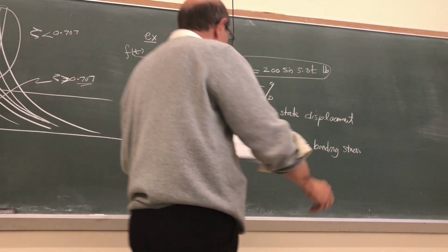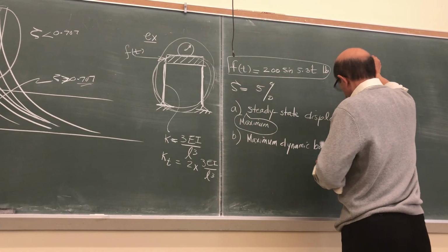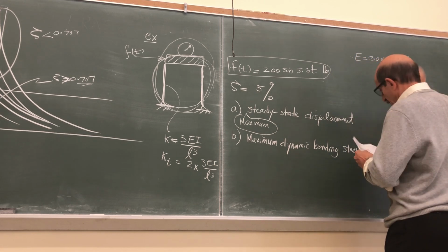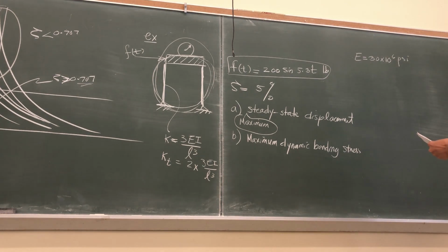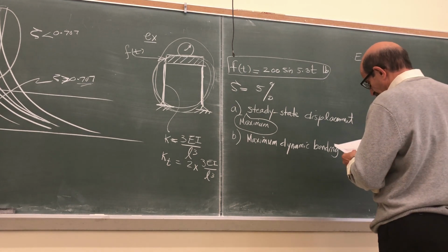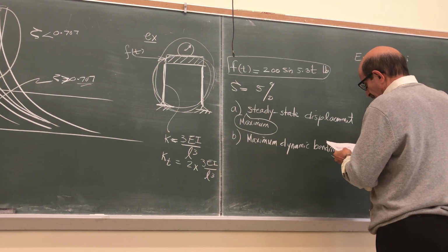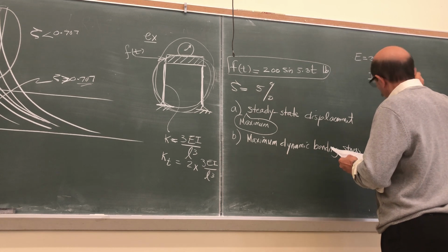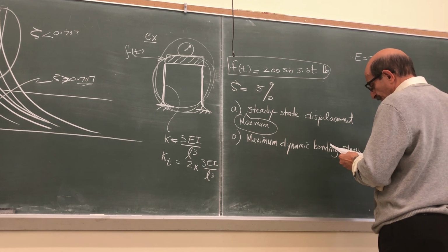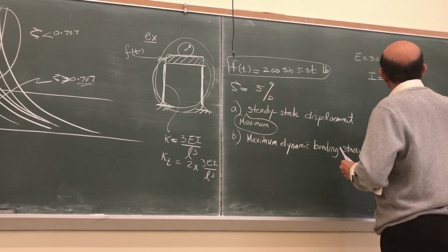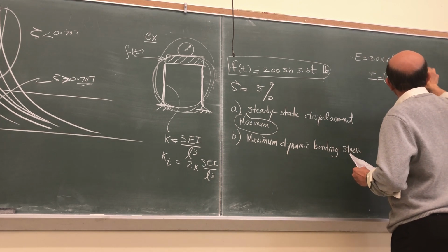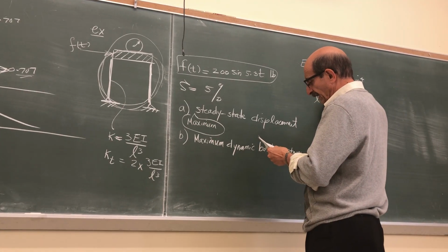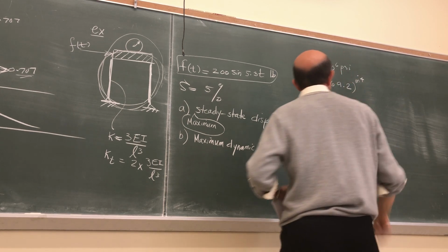These parameters are given. E is given as 30 times 10 to the 6 psi. I is given as 69.2 inches to the 4, and the length of this beam is given as 15 feet.